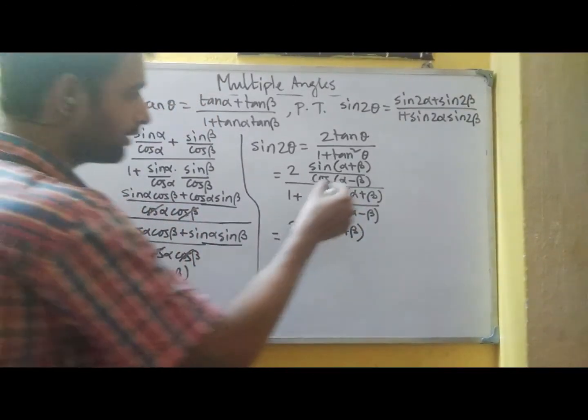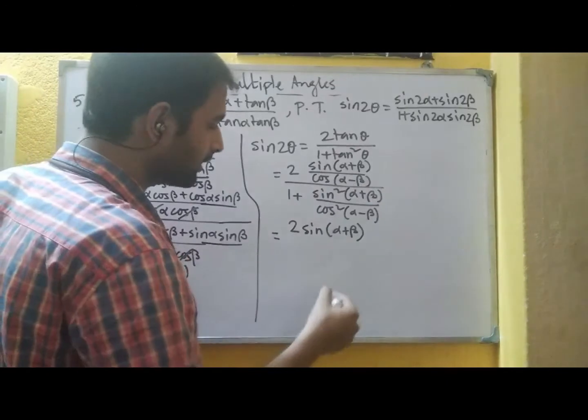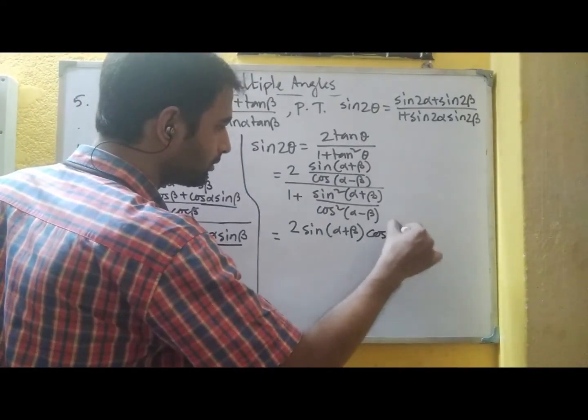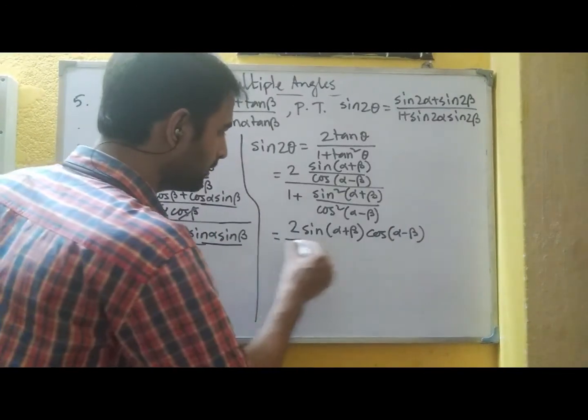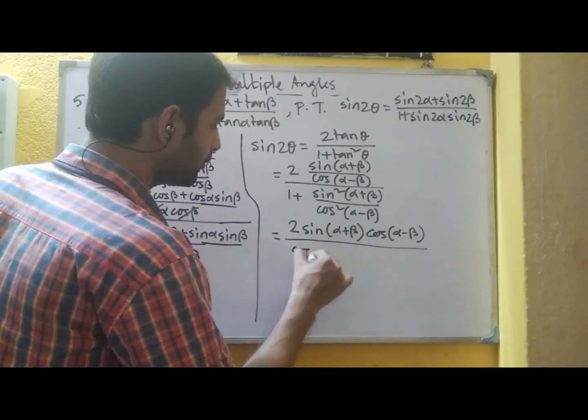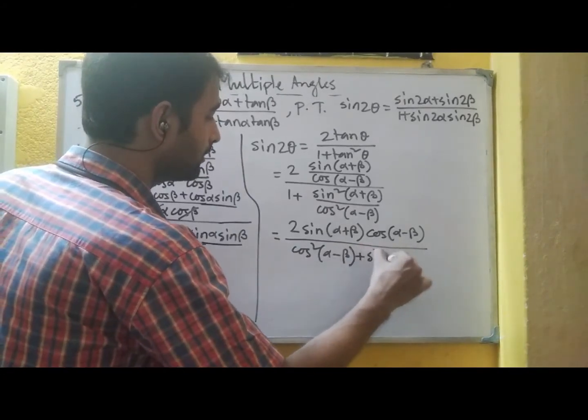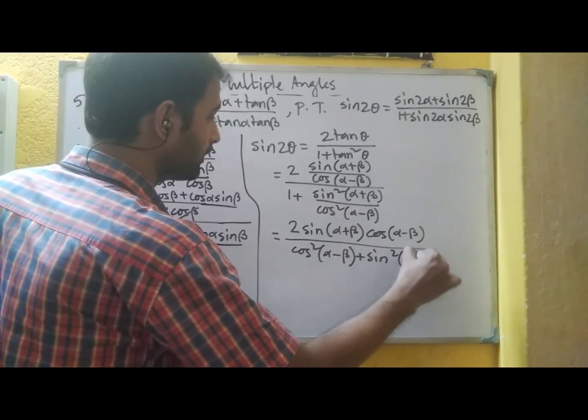After the LCM, one factor of cos alpha minus beta will cancel out, and the factor in the denominator will come to the numerator as cos of alpha minus beta, and divided by cos square alpha minus beta plus sin square alpha plus beta.